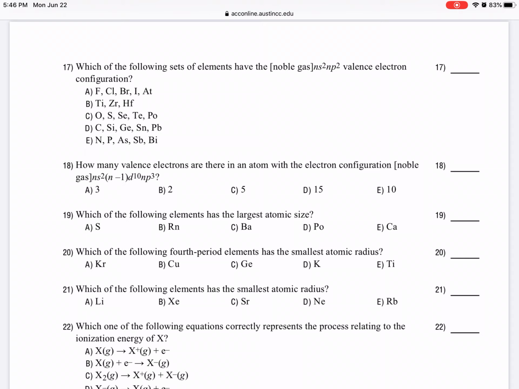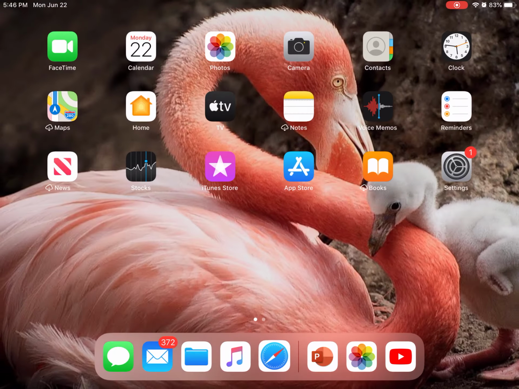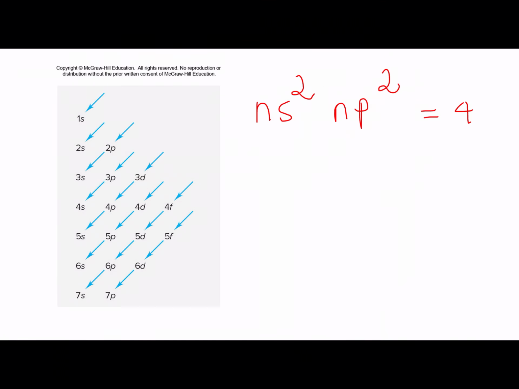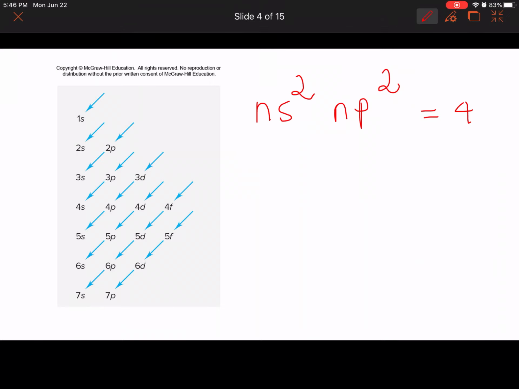18. How many valence electrons are there in an atom with the electron configuration noble gas ns2, (n-1)d10, np3?